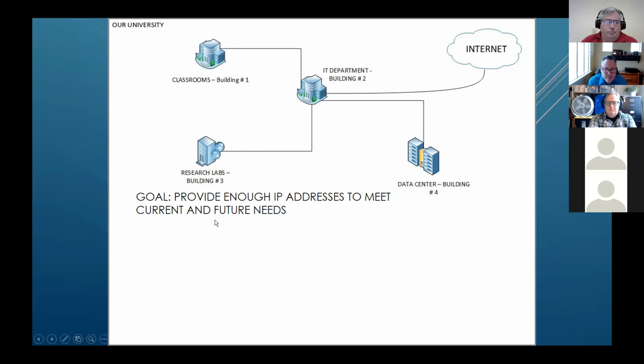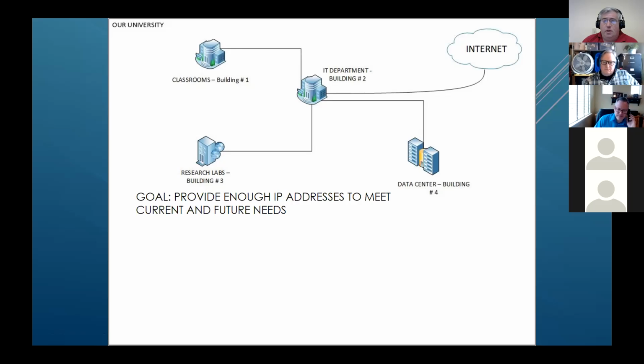So how do you provide enough addresses to meet your current and future needs? Well, most medium-sized to large-sized organizations are going to go with that class A 10.0.0.0/8 address, which is a private address, and it gives you, I want to say, 16 million different addresses to play with.